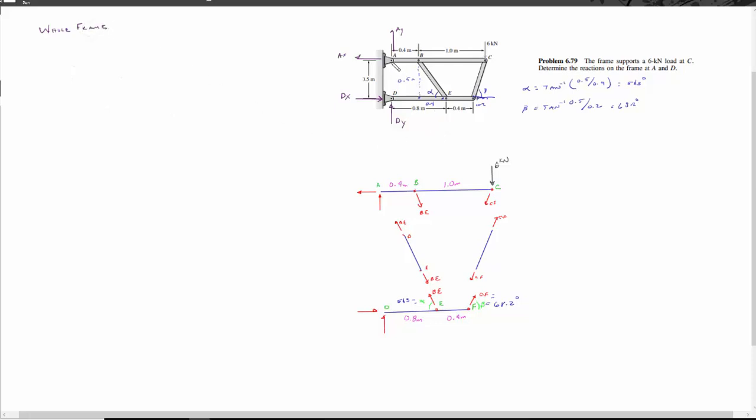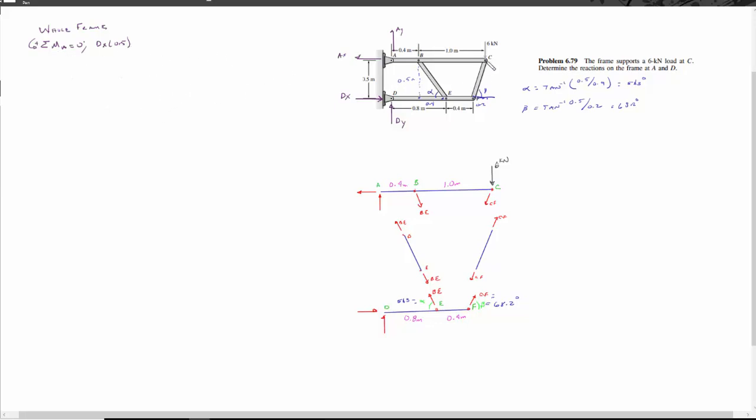and I sum my moment at point A, I would get that DX times the 0.5. What you may want to do is pause the video anytime I'm going to do something, try it, and then come back to the video.